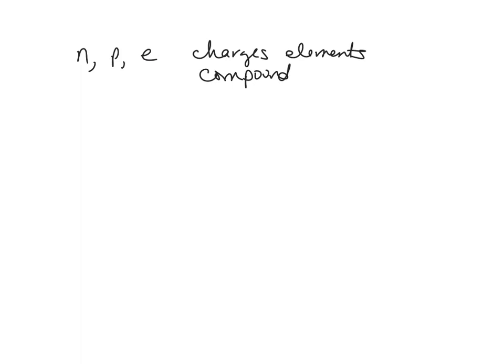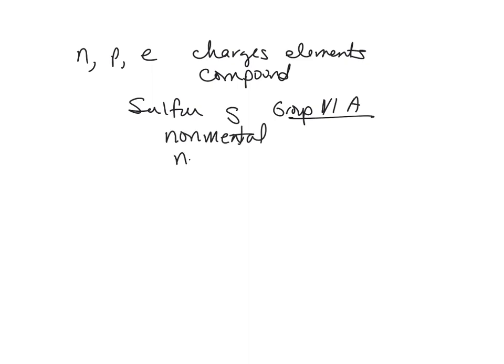Okay, so we have sulfur, and sulfur is S. And you look on the periodic table and you see that that is in group 6A. And 6A, that's a nonmetal. And so nonmetals are going to form negative charges. And it's 2 from the noble gases, so it's going to be sulfur 2 minus.